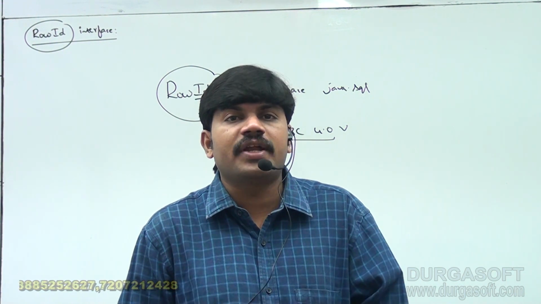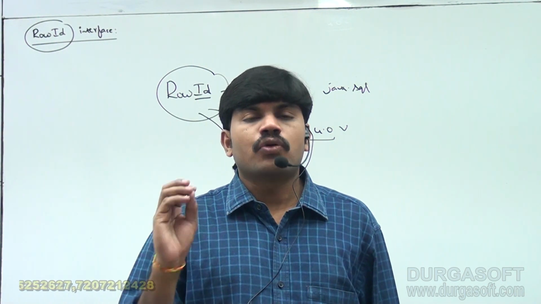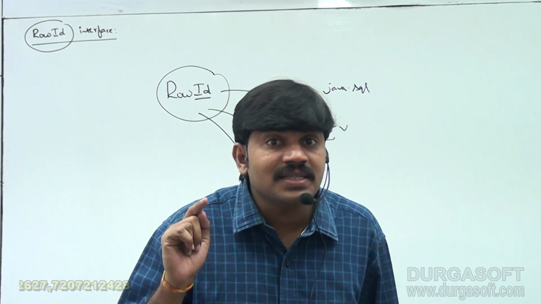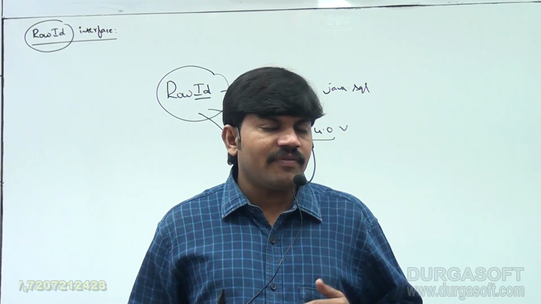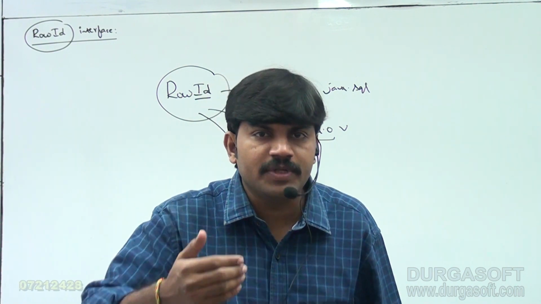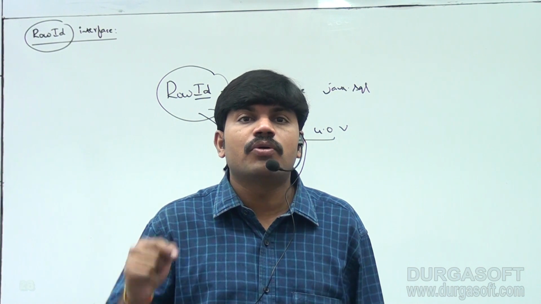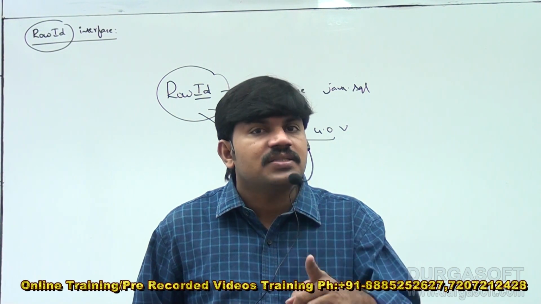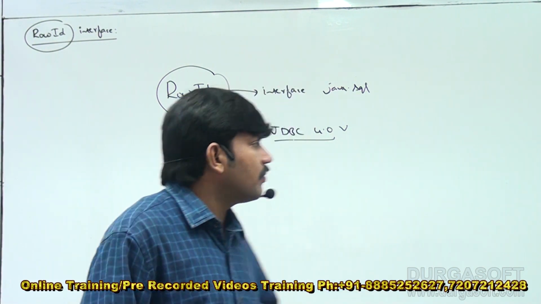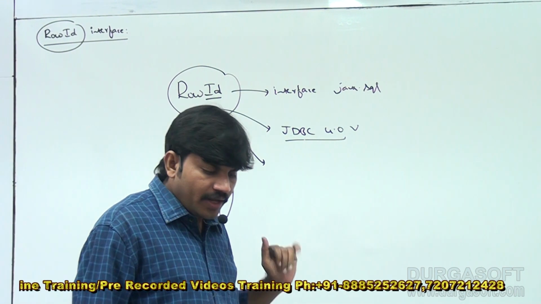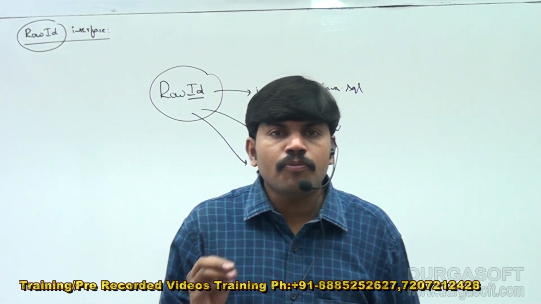Internally, row ID represents the logical address of that row. Whenever I ask the database engine, "Can you please provide my required data?", how does the database engine fetch that data? Based on this logical address, which is nothing but the row ID.